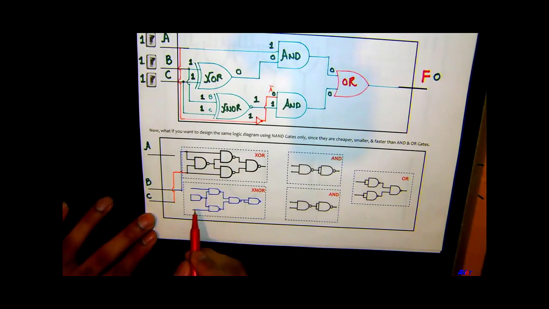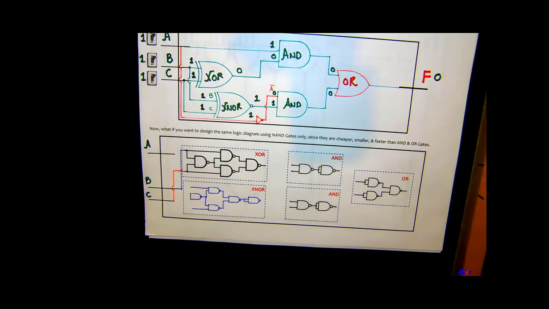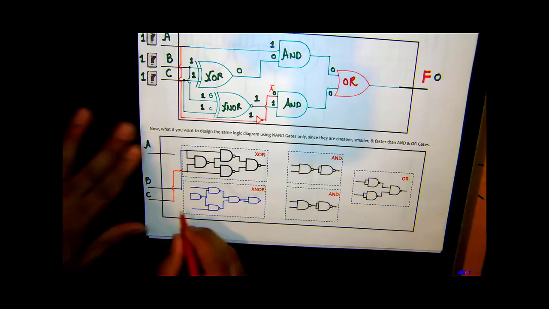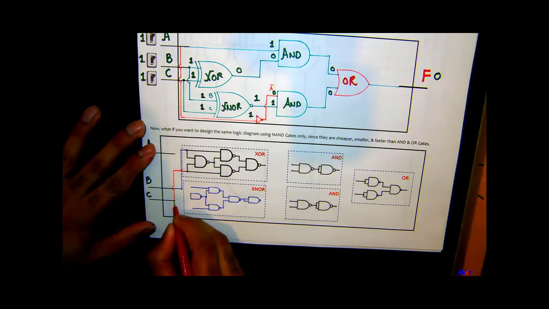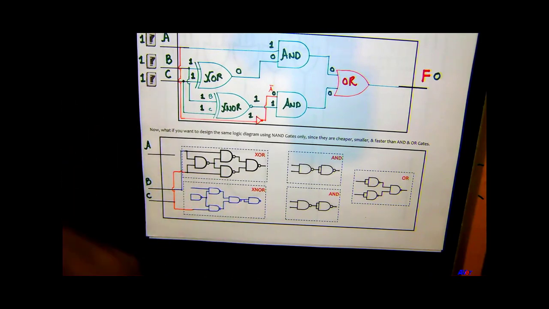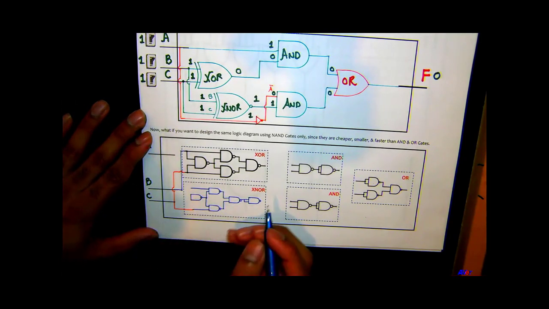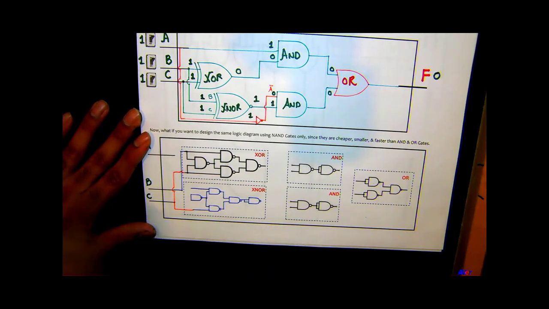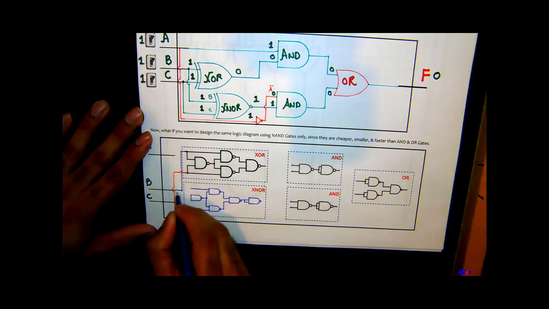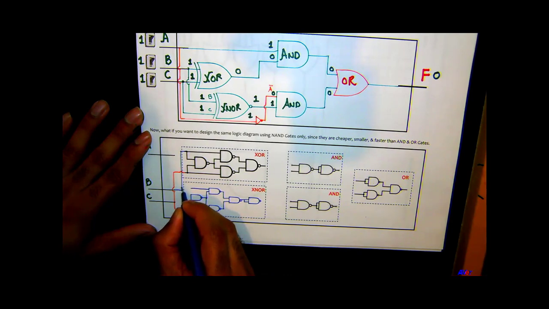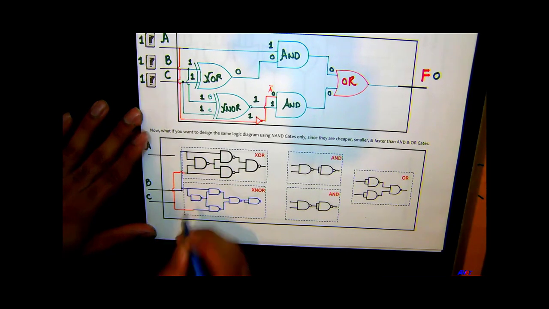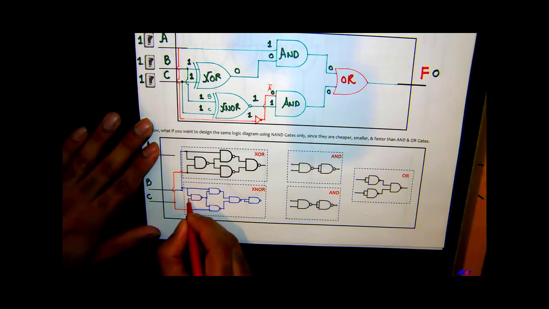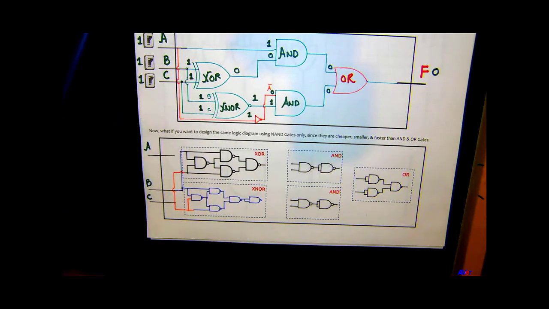What are the inputs going into this exclusive NOR gate? Yes, B and C, right? So this is going to be that.